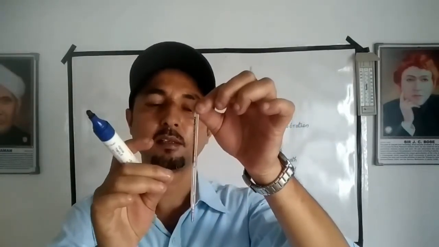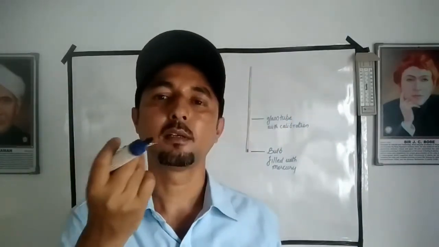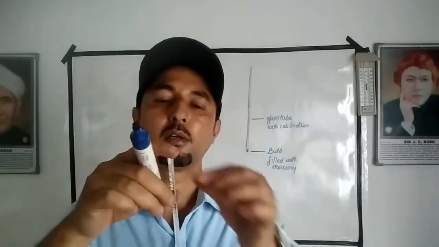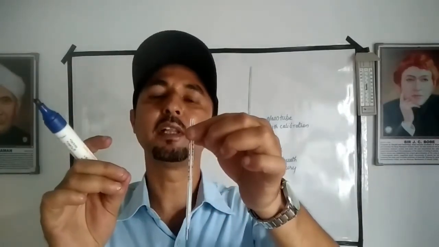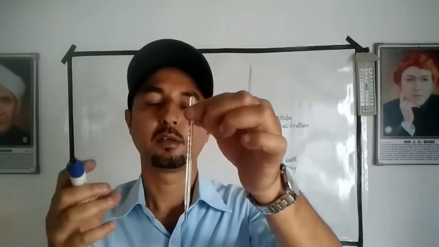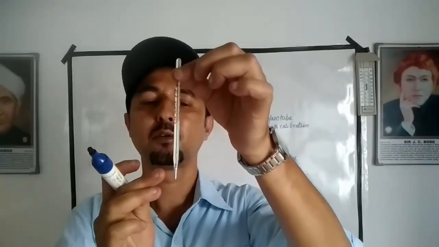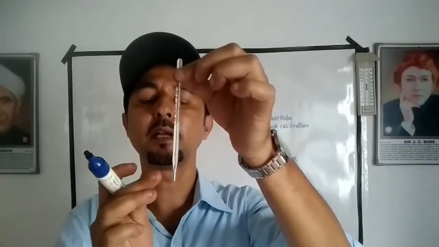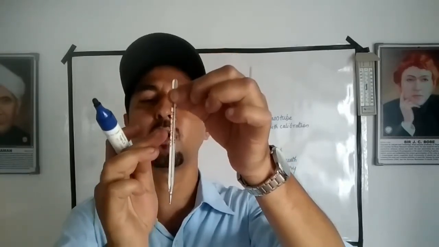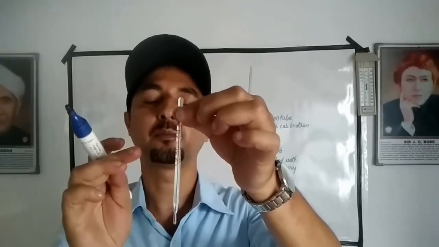And this is a clinical thermometer, so it is placed under the tongue or between the armpit, which allows the heat of the body to come to this bulb, and ultimately because of the heat, the mercury in the bulb rises through a very small capillary tube and shows the temperature.